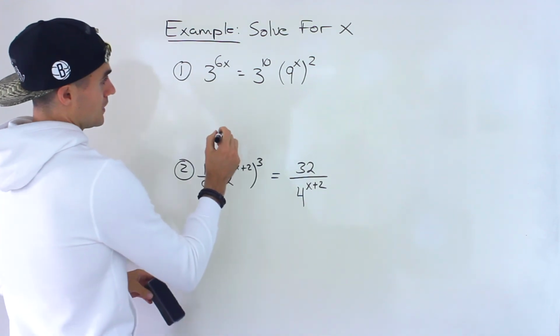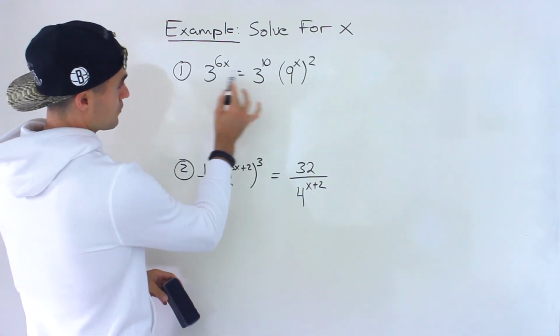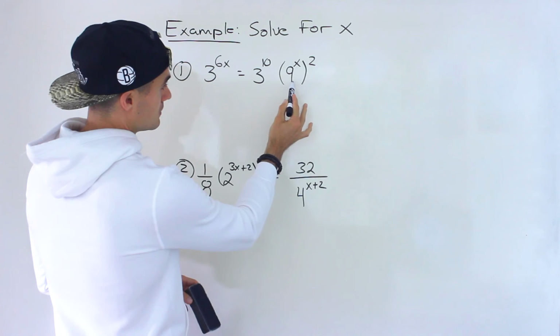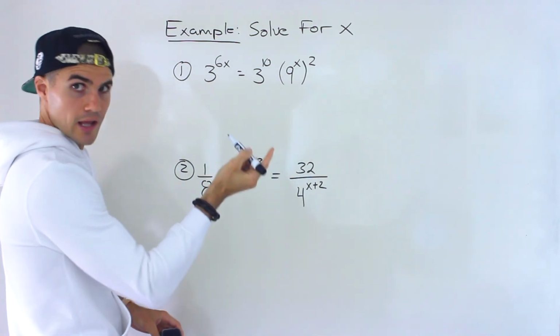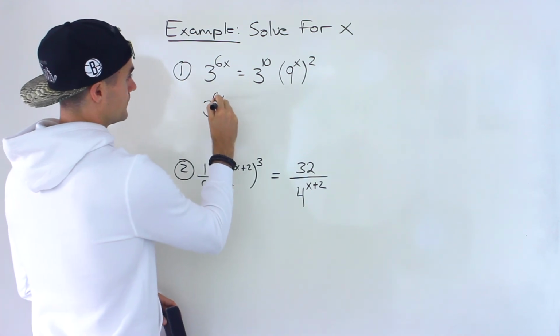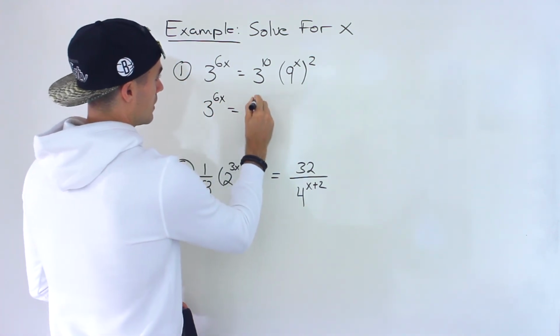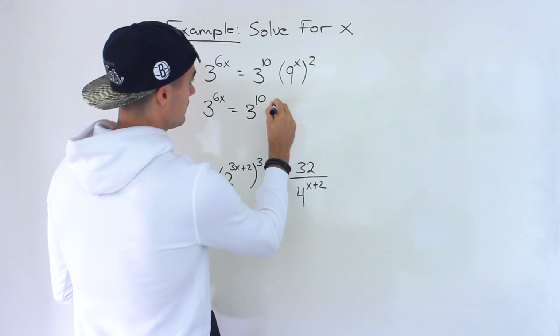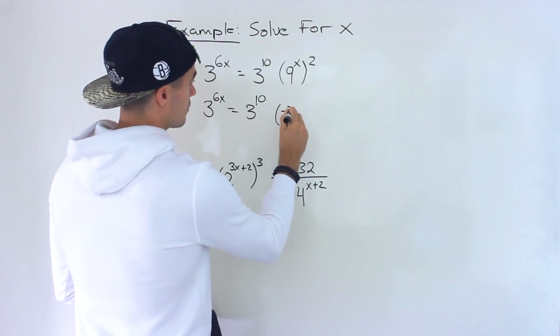Here, notice that we have a base of 3 and a base of 9. The base of 9 we can change to a base of 3. So we take this 9, put it in brackets, and change it to 3 to the power of 2.